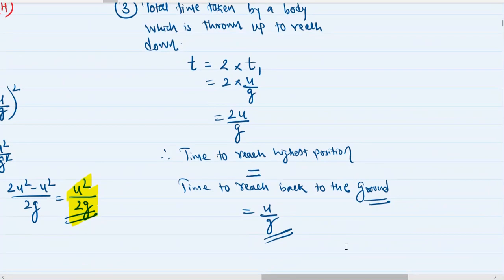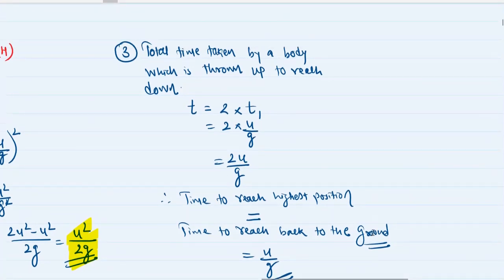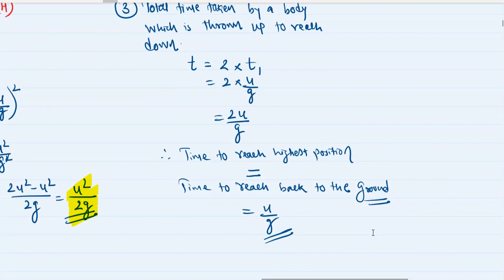One more expression, that is total time taken by the body which is thrown up to reach down. What is the total time taken by the body to reach down again after it is thrown up? Now we know that time to reach the highest position will be equal to time to reach down again.